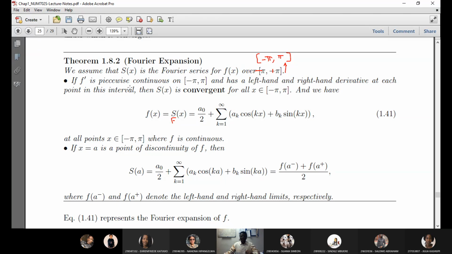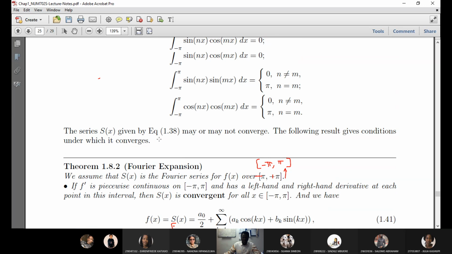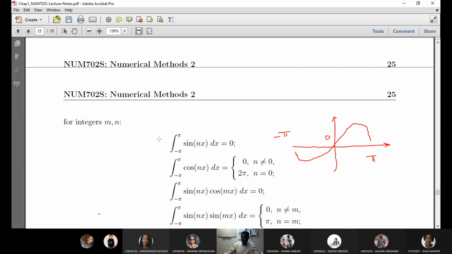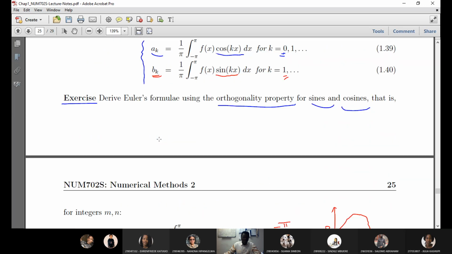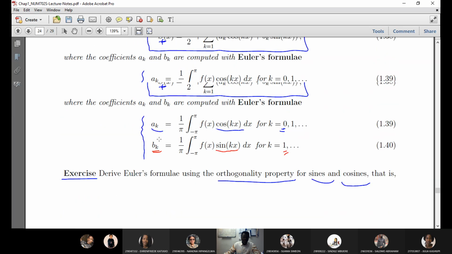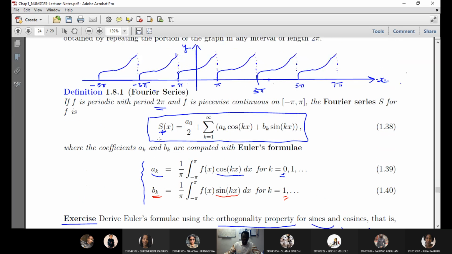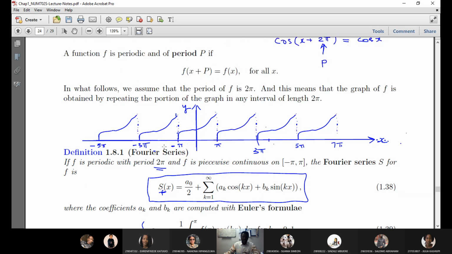But now what if, of course, there's a discontinuous point? Because if you remember from this graph, we saw that these points are points of discontinuity, and the points of discontinuity, as you can see here, are all odd multiples of pi, like 1 pi, 3 pi, 5 pi, 7 pi, and then the negative ones right there. Those are points of discontinuity.